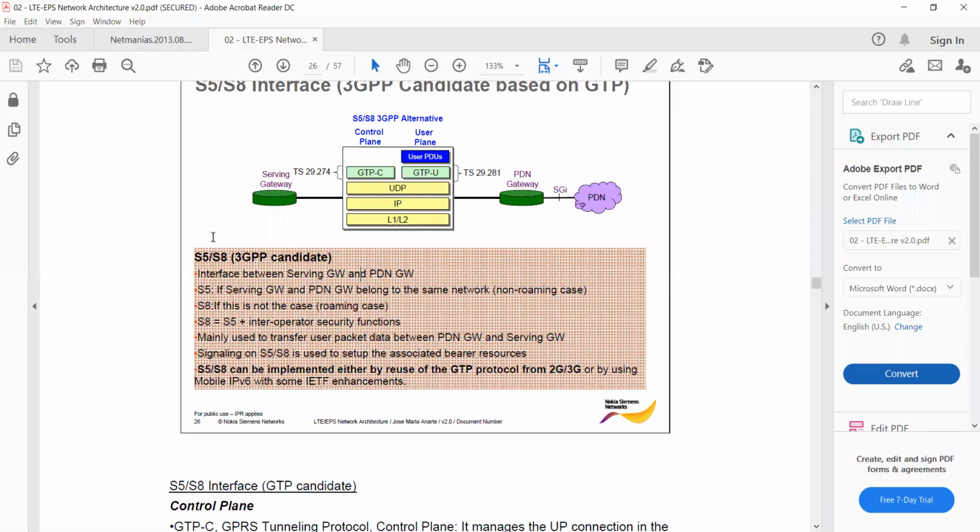Okay, write one or two points here. Heading: S5/S8 interface. It is an interface between the serving gateway and the PDN gateway. S5 is used if the serving gateway and PDN gateway belong to the same network, the non-roaming case.